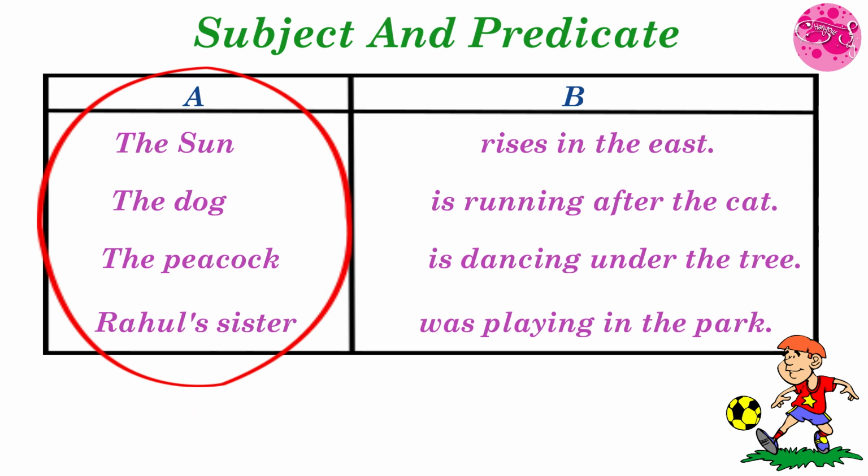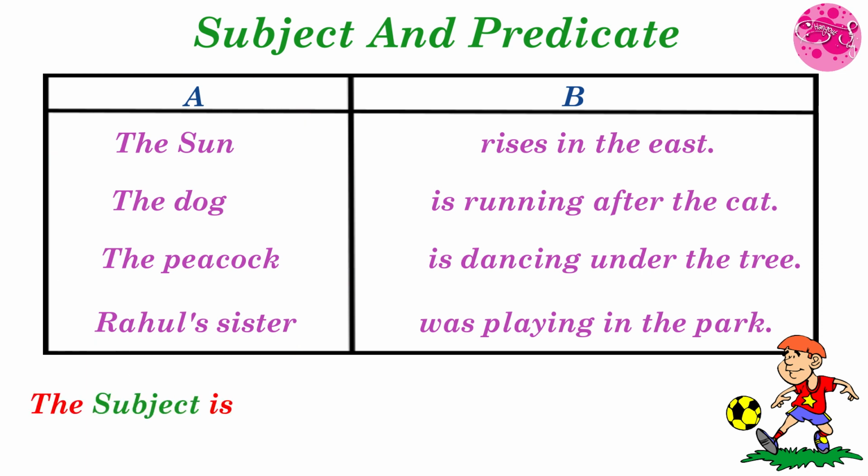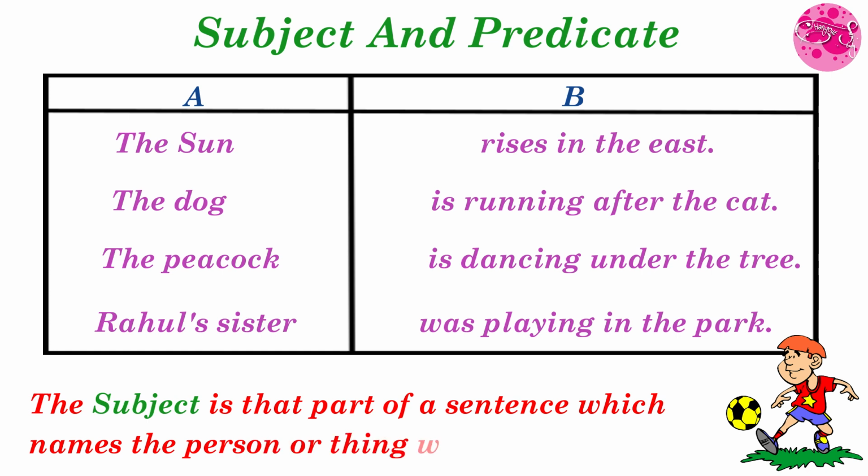So we call it the subject of the sentence. The words which speak about the person or the thing are called the subjects. So children, what is subject? The subject is that part of a sentence which names the person or things we are speaking about.